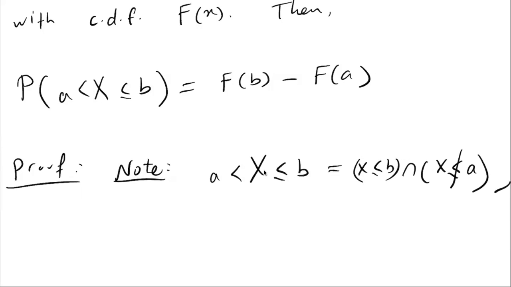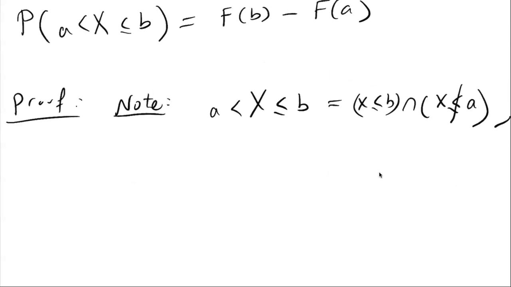When you say that a number is between, for example, 5 to 10, bigger than 5, less than or equal to 10, it's same as saying that the number is less than or equal to 10 and it's not less than or equal to 5. If the number is not less than or equal to A, it means that it must be bigger than A. This intersection means and X less than or equal to B. And then this is same as saying that X less than or equal to B and X less than or equal to A complement.